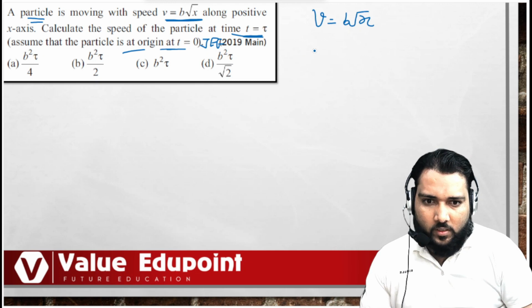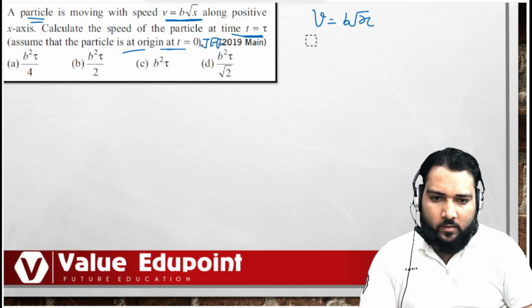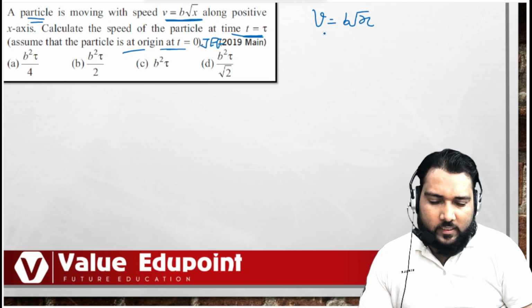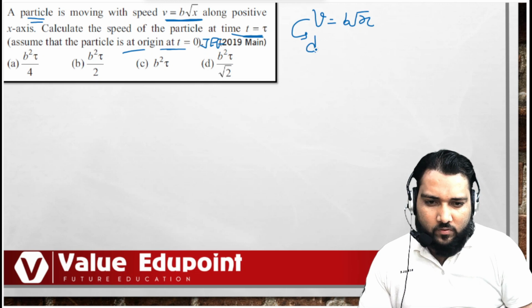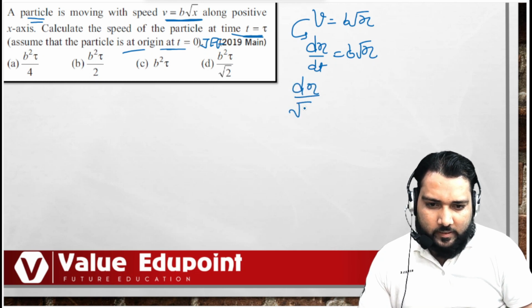Okay guys, now what we have to do? We can write v equals dx by dt. Now we separate terms in this way and we integrate.